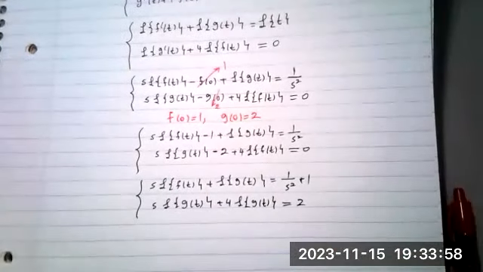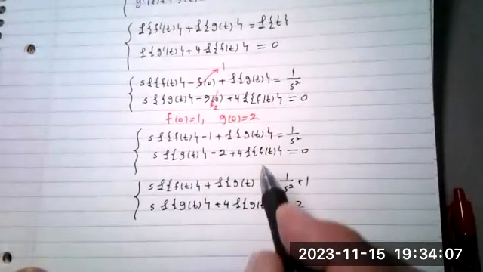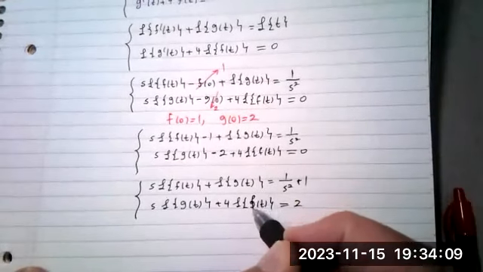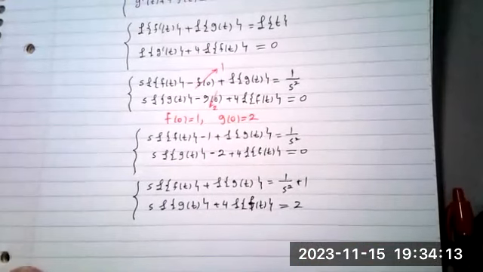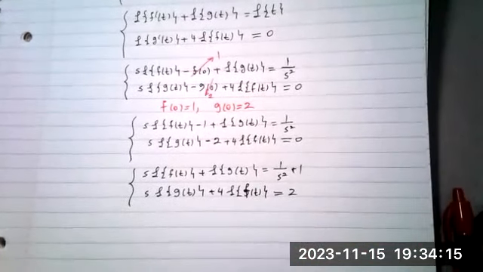You see now it's an easy system, and we can solve it. You can eliminate one of them and then you continue to get these numbers.